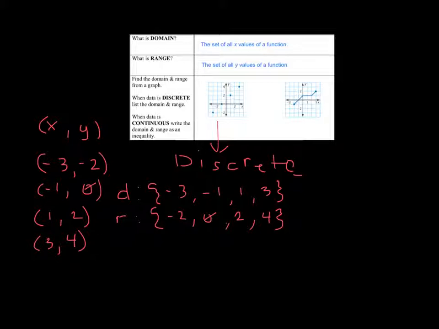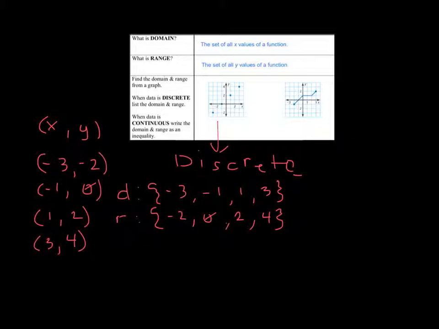When you do this one, what you want to do is look at your leftmost point and your rightmost point. Remember, your domain is x, and that axis goes left and right. So this point right here is my leftmost point. Let me go ahead and draw a line for you guys.